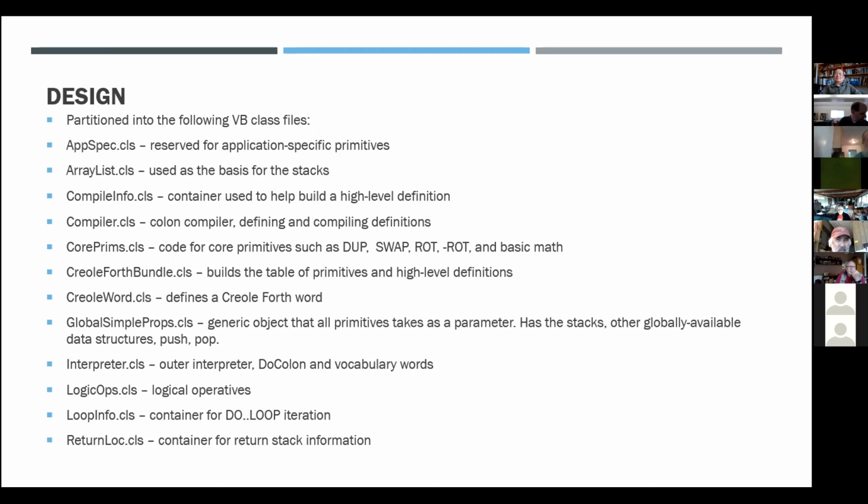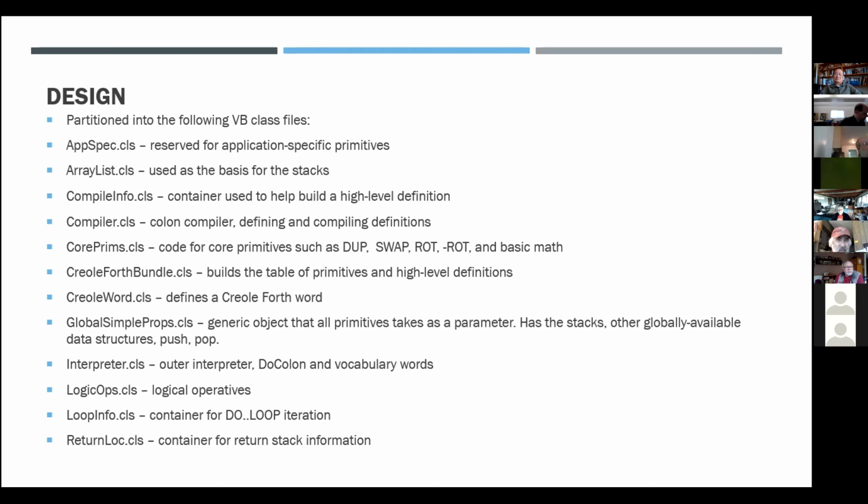Compiler.cls is the colon compiler, with defining and compiling definitions. CorePrim.cls holds code for core primitives such as dup, swap, rot, -rot, and basic math. CreoleForthBundle.cls builds the tables of primitives and high-level definitions.